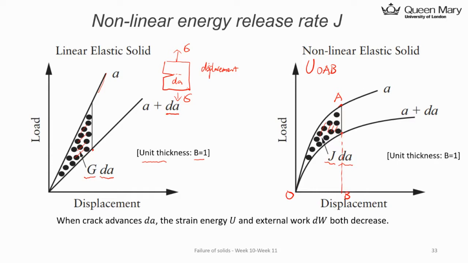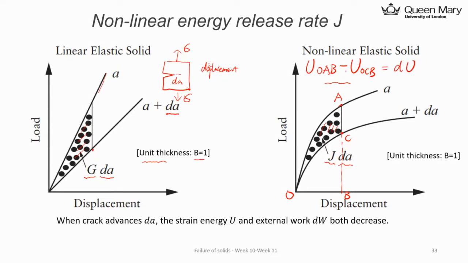After the crack extension it becomes U_OCB, the area underneath the curve, which gives you the change of the strain energy.